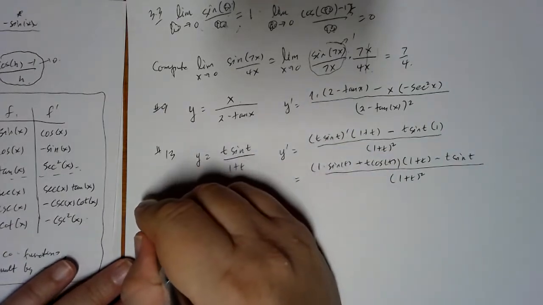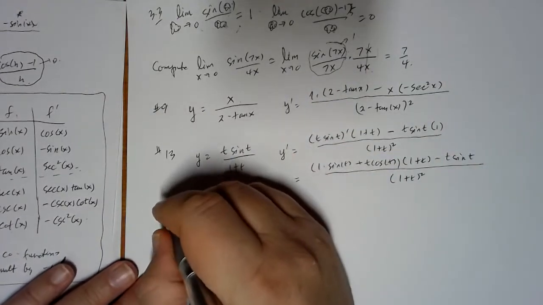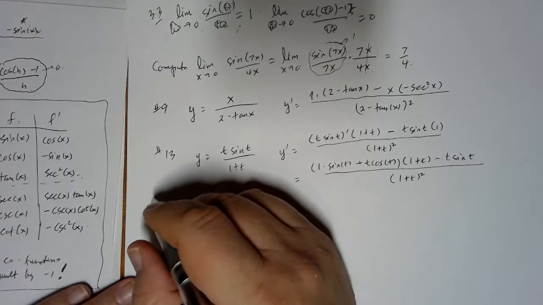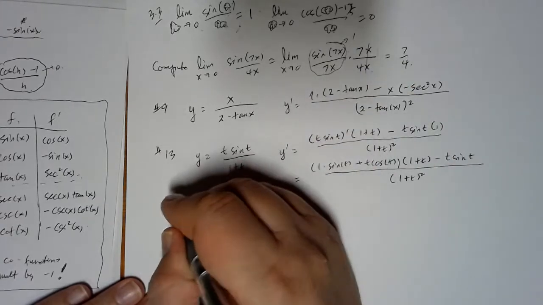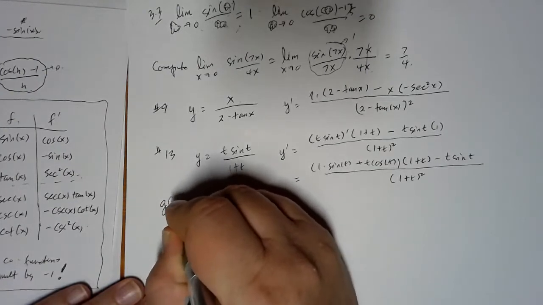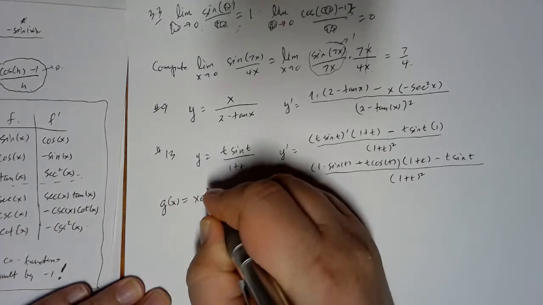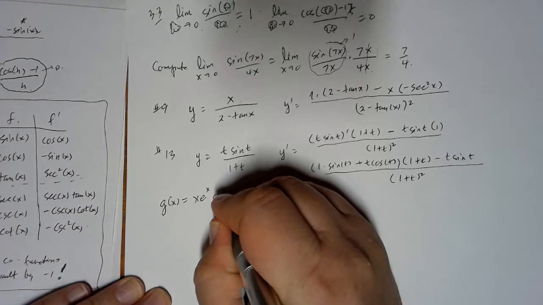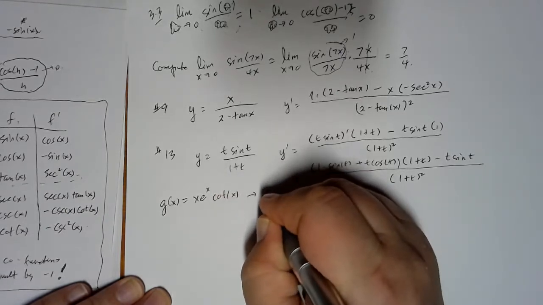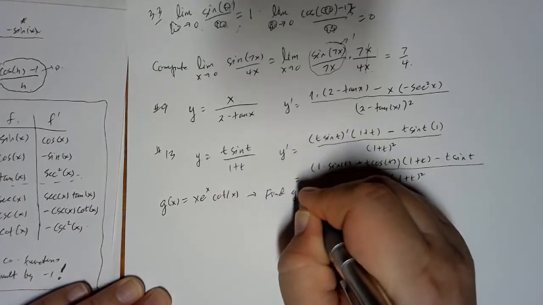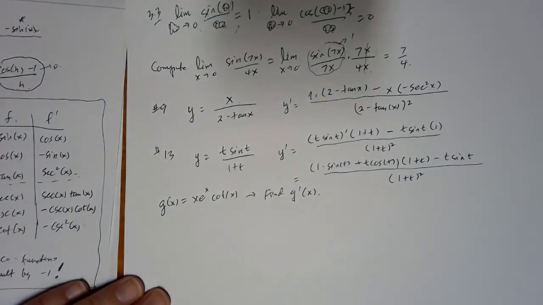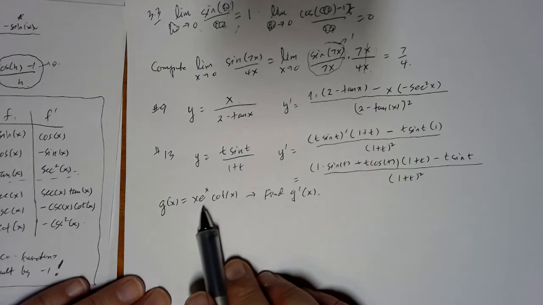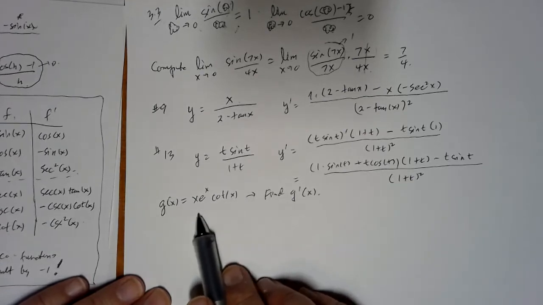Let's try one more, just because I think it's worthwhile to see an extension of some of our work before. If g of x is equal to x e to the x cotangent of x, find an expression for g prime of x. Notice that this is a product of three functions.